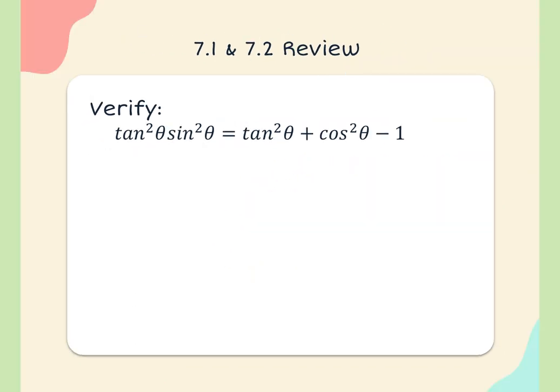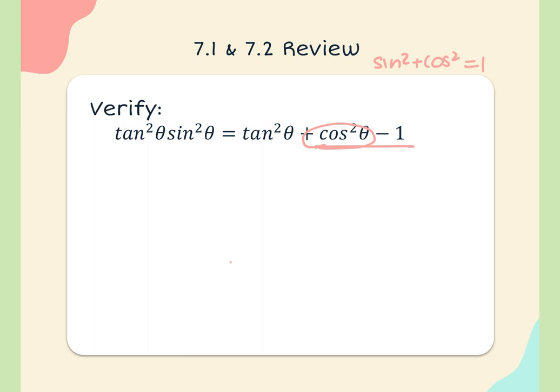All right, this is, I don't even know what number we're on anymore, 6? Tan squared theta sine squared theta equals tan squared theta plus cosine squared theta minus 1. Because the left is tan and sine and the right has tan and cosine, I would try to see again if I could get the right side to be sine or the left side to be cosine. Cosine squared minus 1 is what? If sine squared plus cosine squared equals 1, you could do two things.